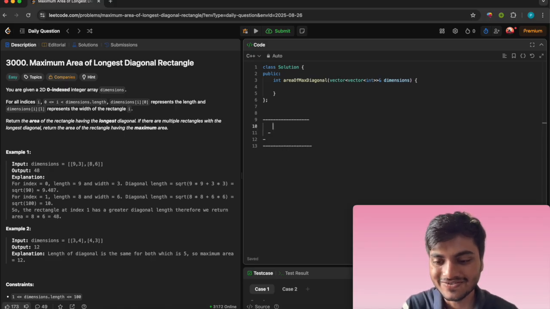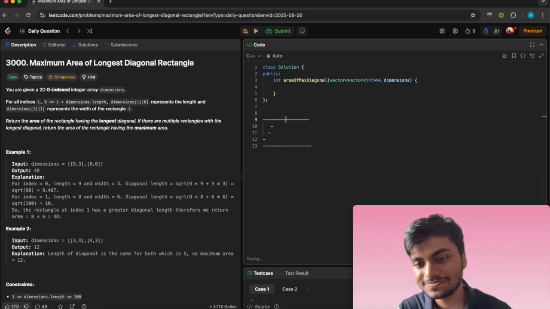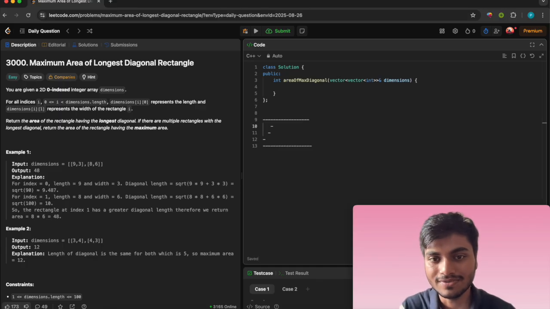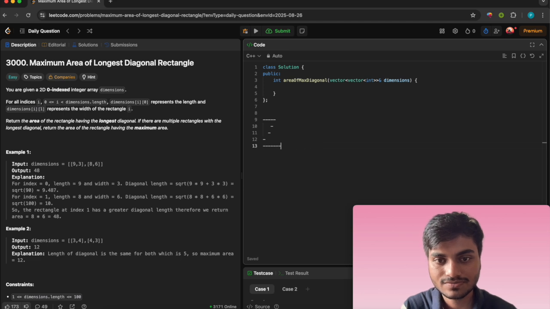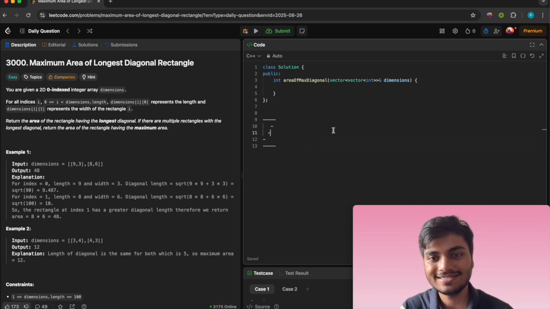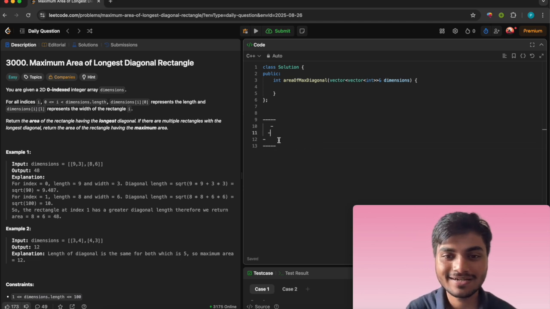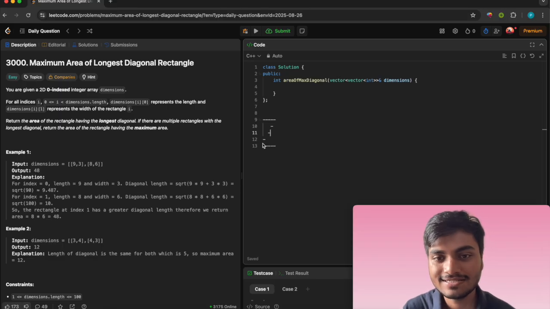I am trying my best to give you a visual idea of a rectangle, but you know all of these things from your childhood. So this is our rectangle, very nice rectangle, and this is our diagonal.